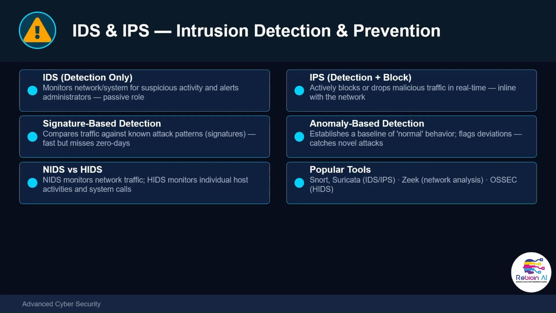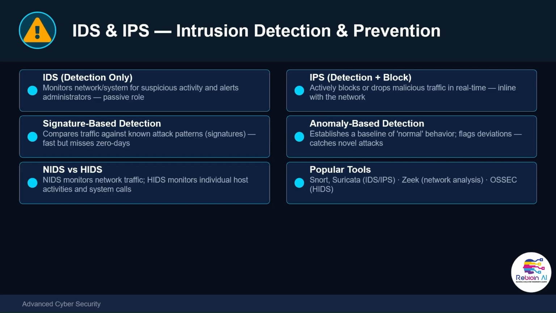Now, as we have seen that firewalls are the bouncers, let me introduce two more characters, the surveillance cameras and the security guard. IDS, Intrusion Detection System, is like a really smart CCTV system. It watches all the traffic, compares it to known attack patterns, and when it sees something suspicious, it sends an alert.